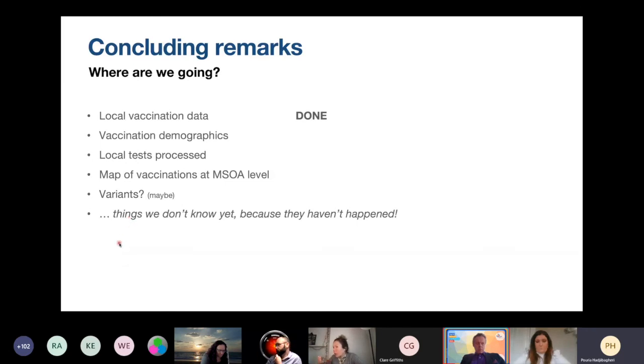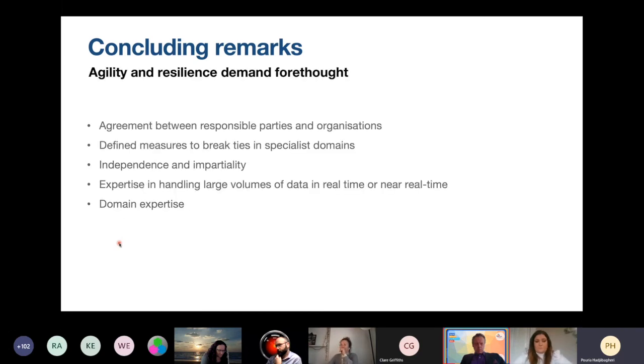So I said we started with 4 metrics, increased to 8, increased to 50, increased to 90. Now we have 205 metrics across over 8,000 areas in the United Kingdom. And some reflections here.